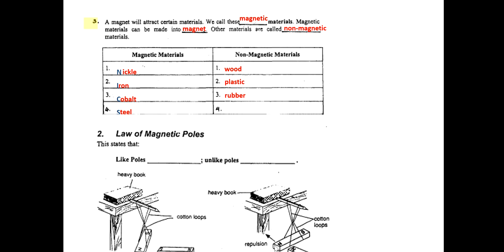As we have seen from the video clip just now, they are copper, zinc, brass, aluminum, and if you can recall, also platinum, gold, right? And just try your best to remember that it is only nickel, iron, cobalt, steel that are magnetic, while the rest are not. Okay?